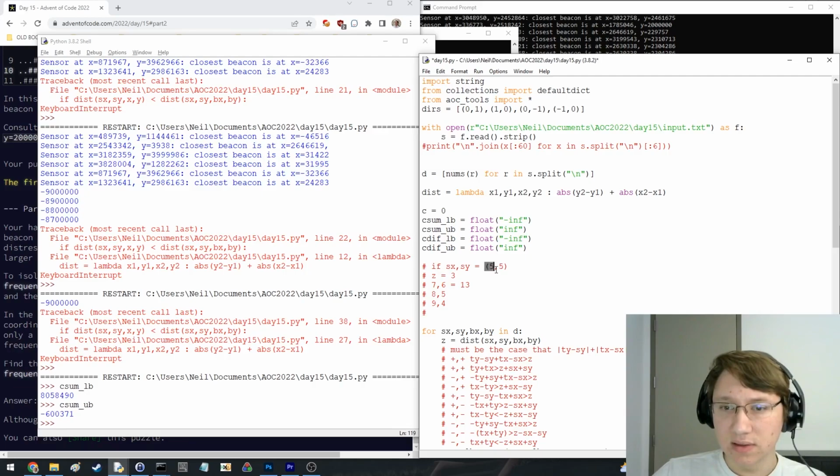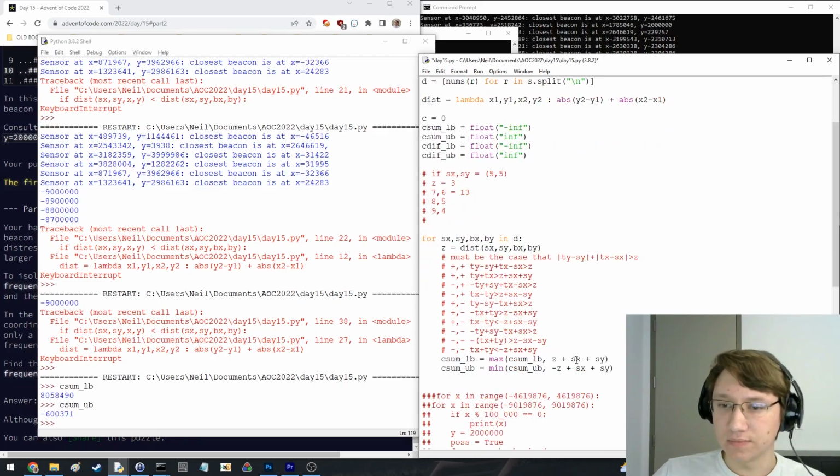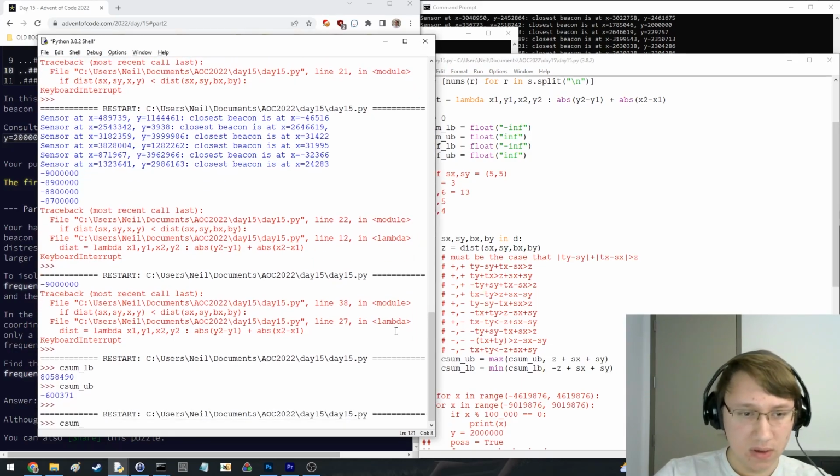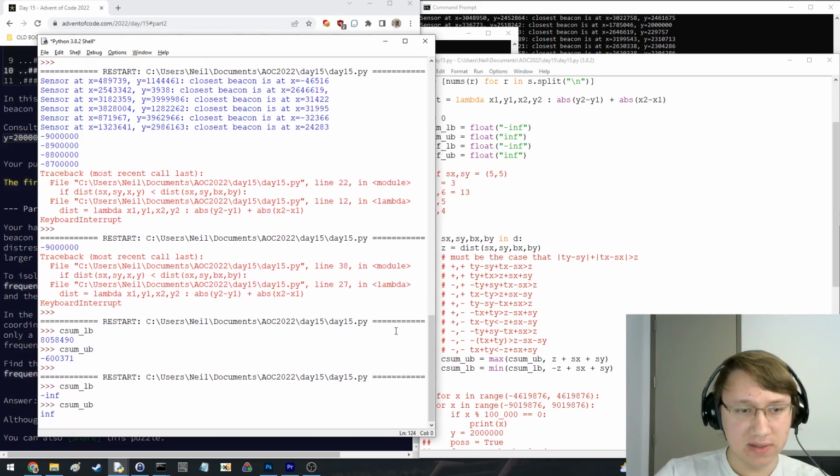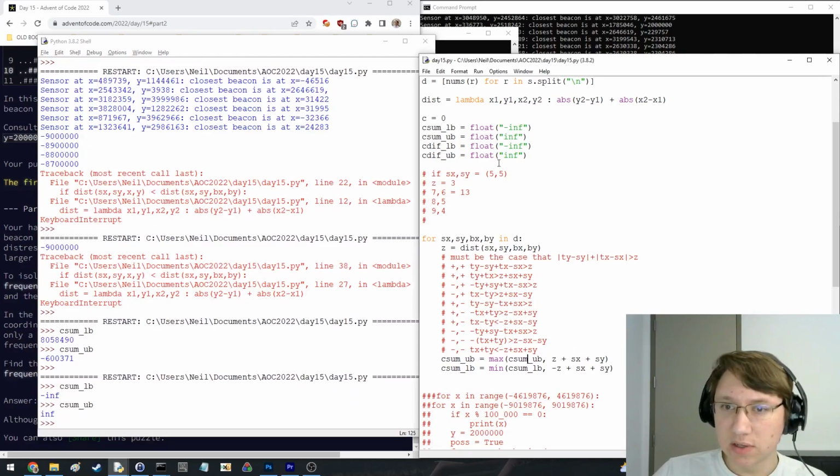So the upper bound is 5 plus 5 plus 3. I'm a little confused about these. I'm just going to switch these. I'm not fully convinced why I want them to be switched, but that is just what I will do for now. Sorry, min and max.